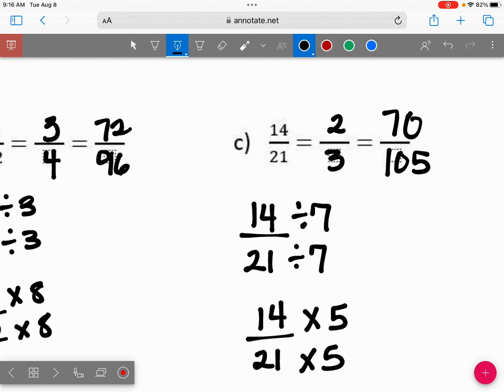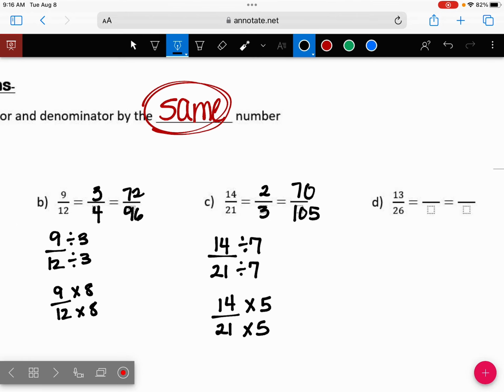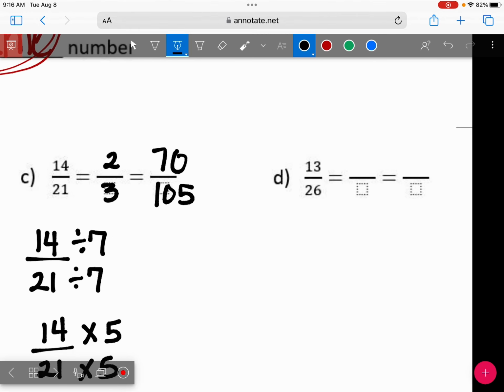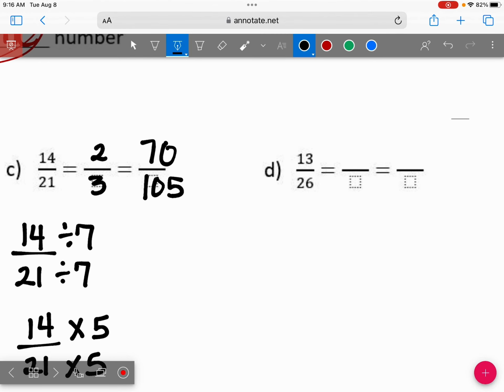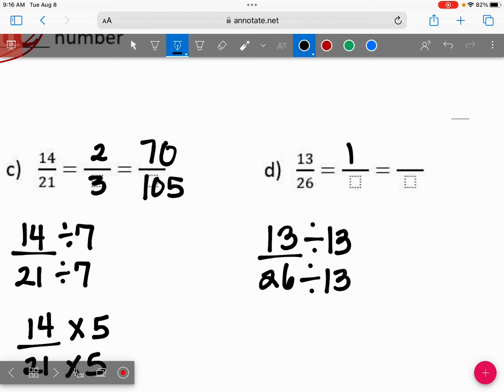All right, last one. Let's look at D. Can we divide D? 13 and 26. What can we divide them by? By 13. So let's start off by taking 13 over 26. We're going to start by dividing it by 13. And then why don't we multiply them by 2.